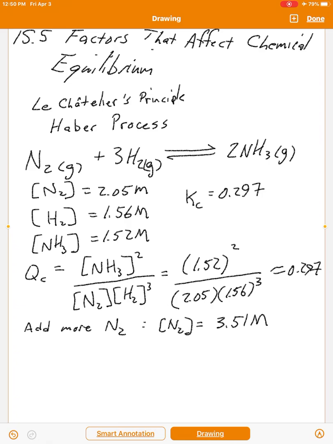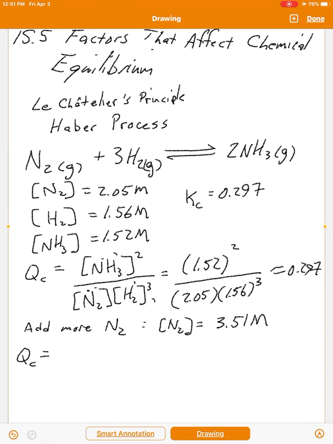Now, let's see what happens. Are we at equilibrium anymore? Is it possible we could still be at equilibrium if we add more N2? Think about the expression: NH3 squared divided by N2 divided by H2 cubed. If we change the concentration of N2, that's going to change the value of Q. So unless the other two values adjust, there's no way we could still be at equilibrium. So let's prove that.